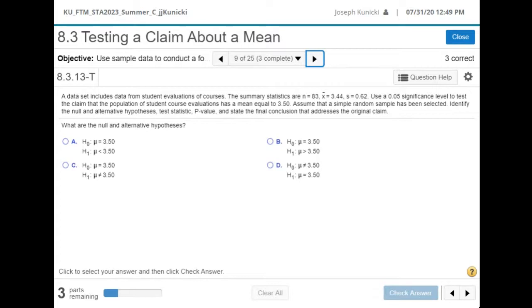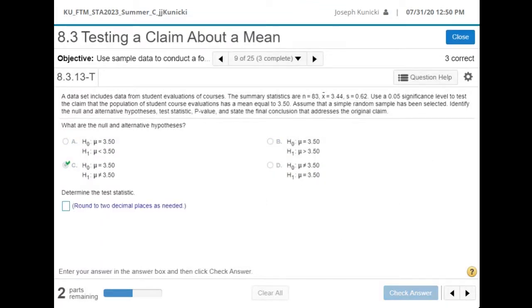And the claim is that student course evaluations have a mean equal to 3.5. So mu equals 3.5. That's the null. The claim goes into the null because it says equals. So the alternative is not equals. So it's a 2-tailed test. It's letter C.